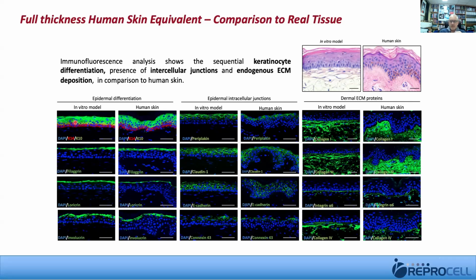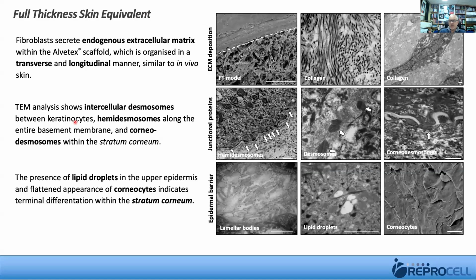This is all published work as well. We have also conducted scanning and transmission electron microscopy, looking at the anatomy of the models, demonstrating the formation of the hemidesmosomes, the basement membrane, the desmosomes, the corneodesmosomes, the lamellar bodies, etc.